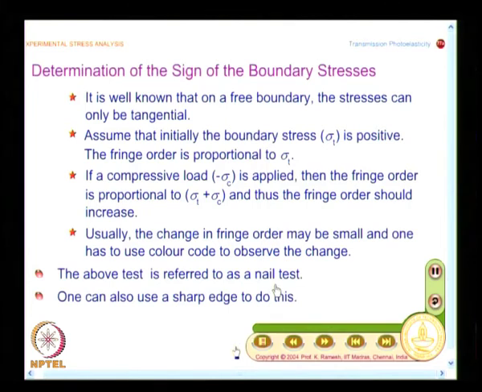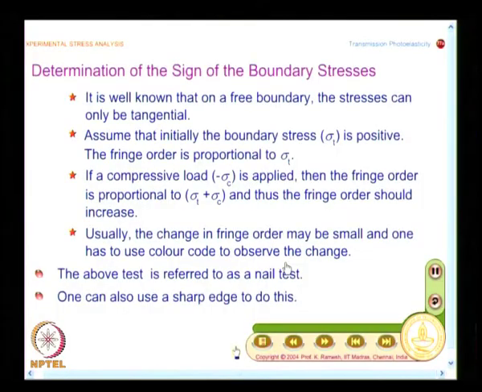And as I have mentioned, the change in fringe order may be small, and one has to use the color code to observe whether the fringe order has increased or decreased. You will get the information by knowing the color sequence.